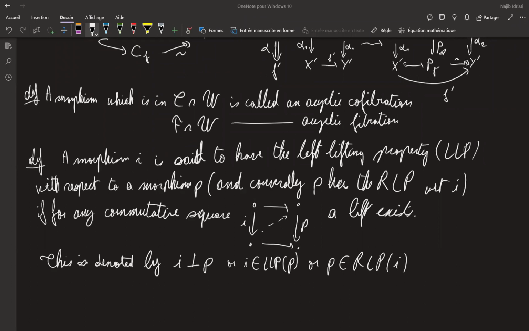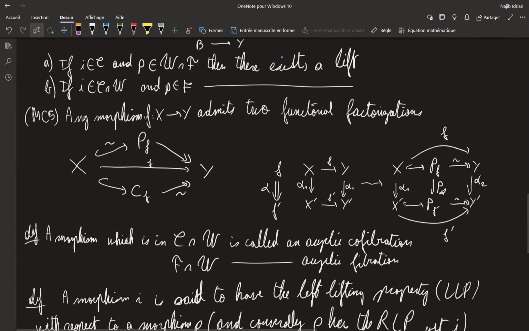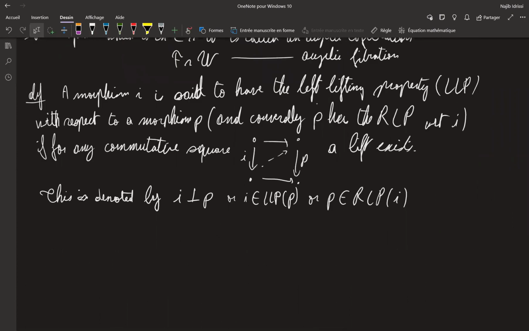So there is a question: are the three classes of morphisms stable by composition? And someone already answered, no, it's a consequence of the axioms. We are going to prove it in a few minutes, actually. But you don't have to assume it. This is going to be a consequence of all the other axioms. Right, so let me just finish with this definition.